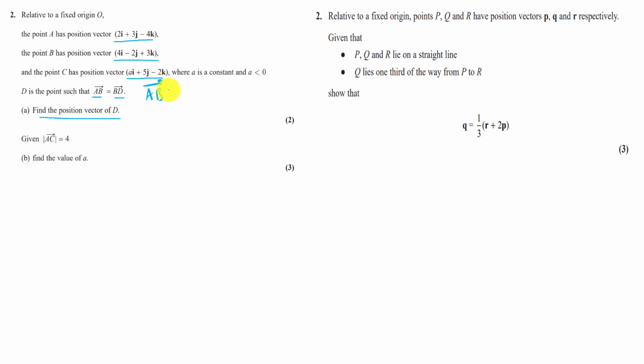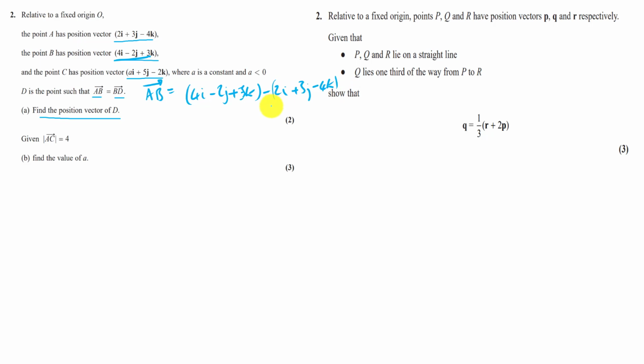AB is going to equal B minus A. So that's going to be 4i minus 2j plus 3k minus 2i plus 3j minus 4k.